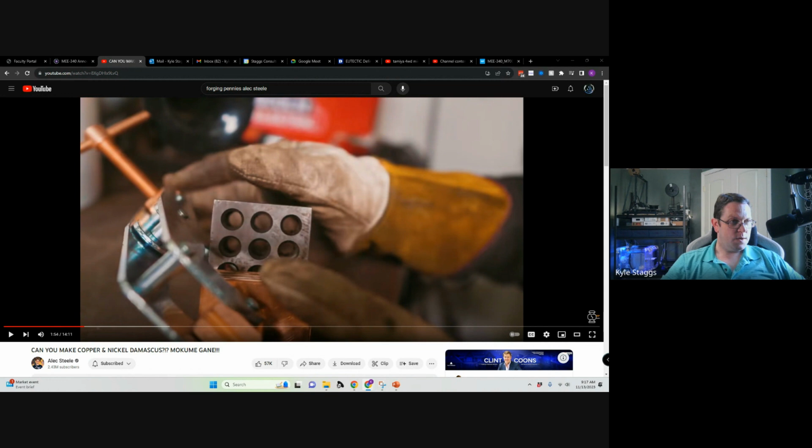It should be able to share. Let's see. Yeah, it should be sharing, and I'm looking to see if I have the option to enable audio, which I should.